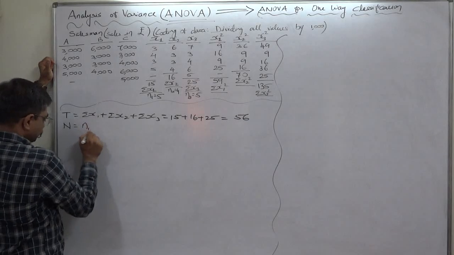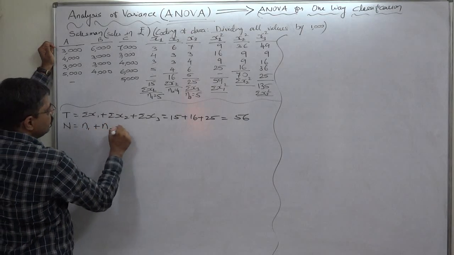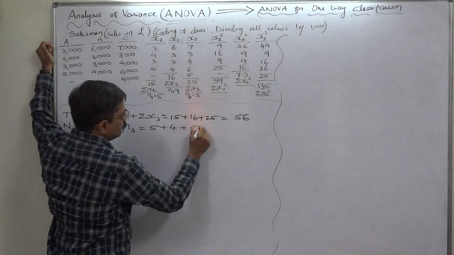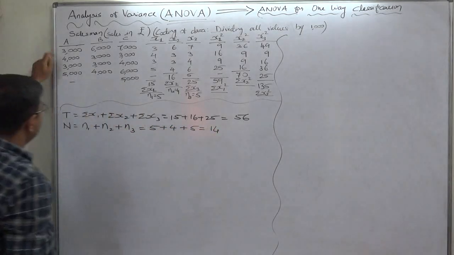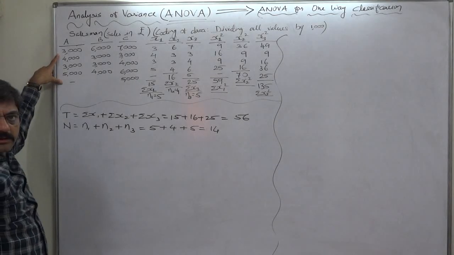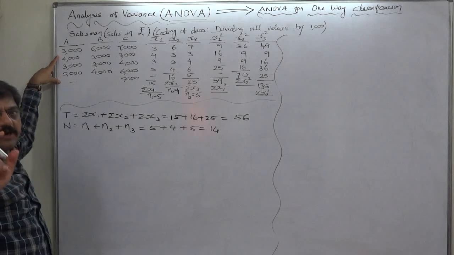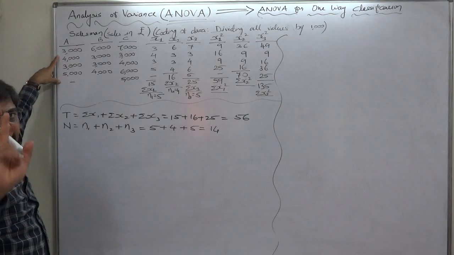But you can also see this in this way. We have to take the number of units for A as 5 and not 4, because A made 5 calls.